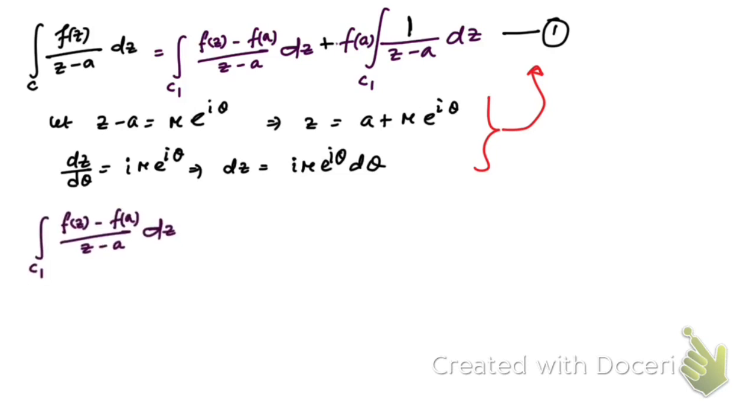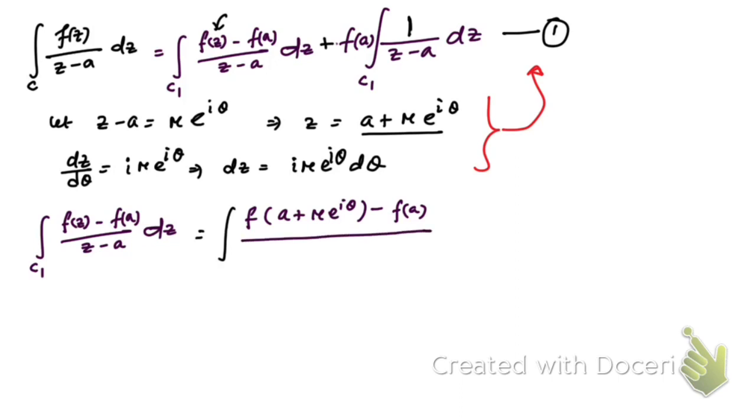Let us take this first: the integration along c1 of f of z. Here let us replace z by this value of z. Then instead of z we write a plus r e to the power i theta, so f of a plus r e to the power i theta minus f of a, divided by z minus a.